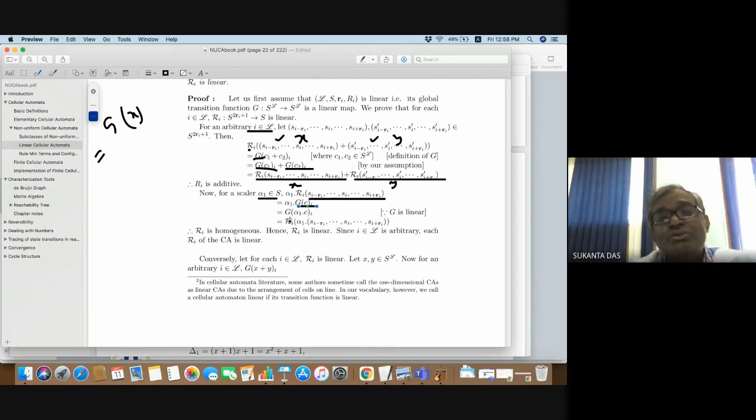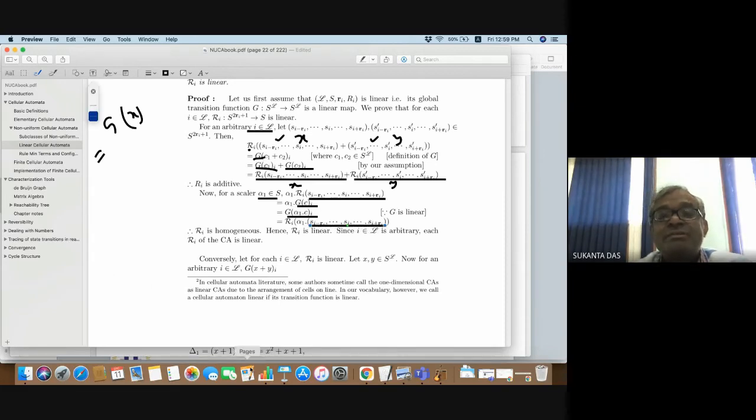If I expand this part, I get Ri applied to alpha times this neighborhood configuration, this vector in fact.